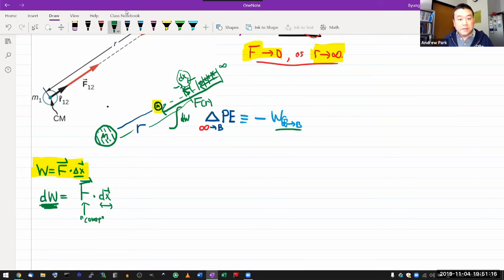Let me first write down the expression for the infinitesimal amount of work done, dW. That's going to be the force dot product with dx, or displacement. I'm writing this symbolically up there so that I can write down the actual expressions down here carefully.